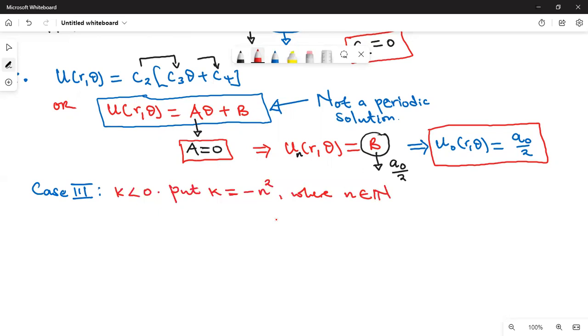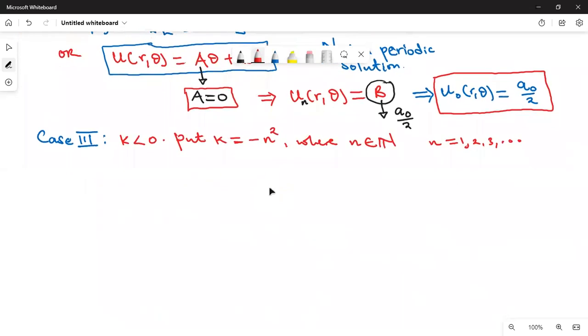Remember, natural numbers, we have 1, 2, 3. So this means n equals 1, 2, 3, and so many other terms.